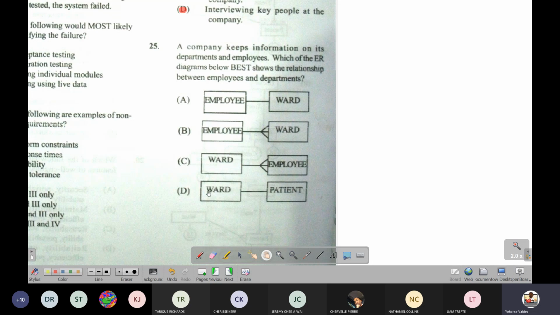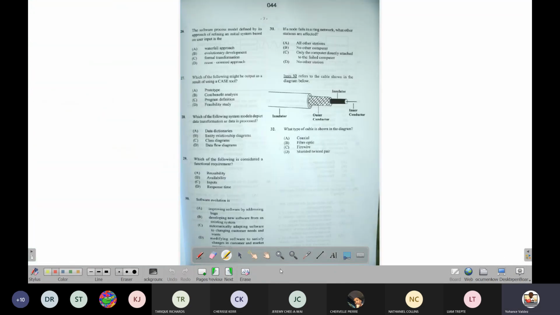D is out straight off because it does not answer anything about the question. So the best answer here would be C, right? Where you would have one ward having many employees, or one department having many employees, and an employee works in one department. So the answer here is C.